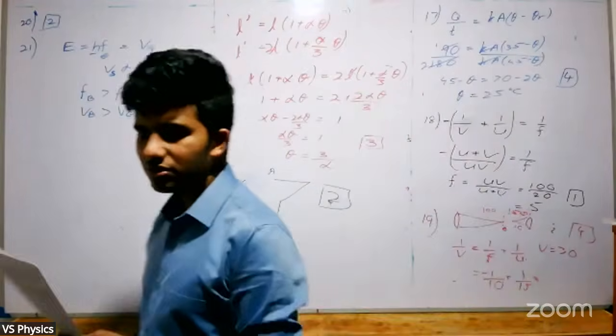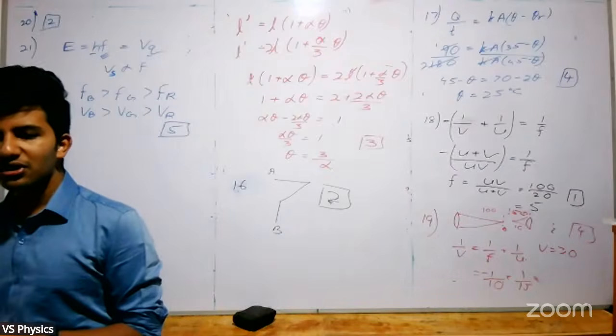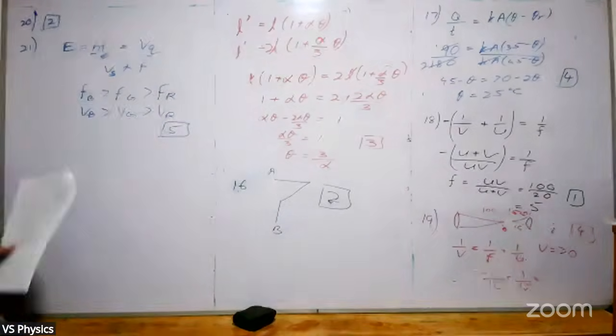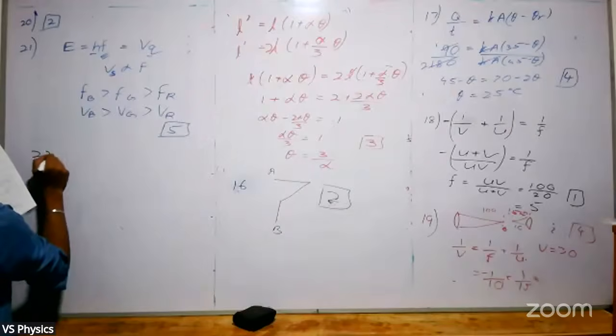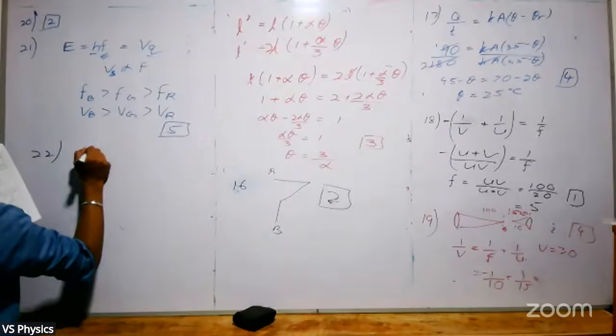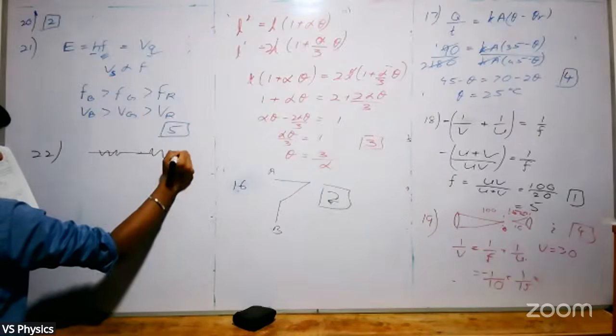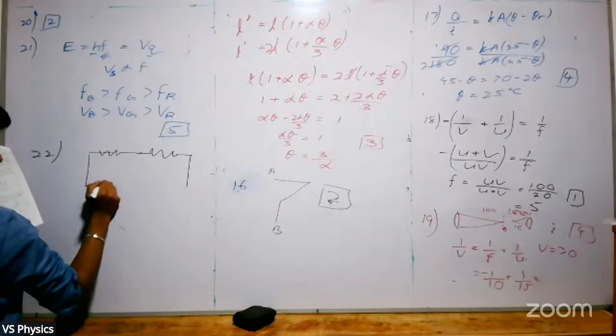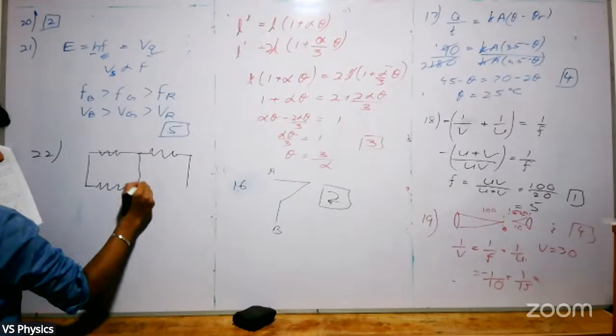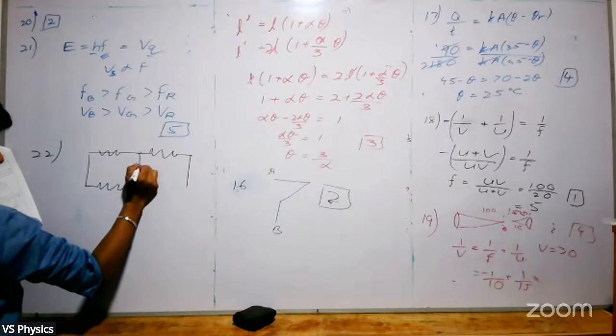22 is also a small cute question. A nice question. I have 6 kilo ohms here, and here 12, and we have connected a diode.